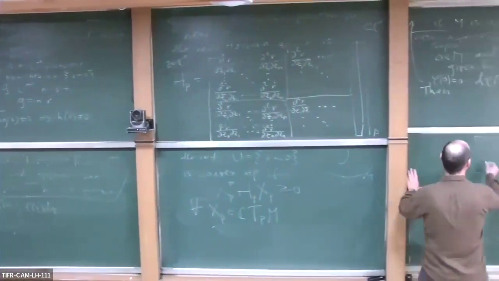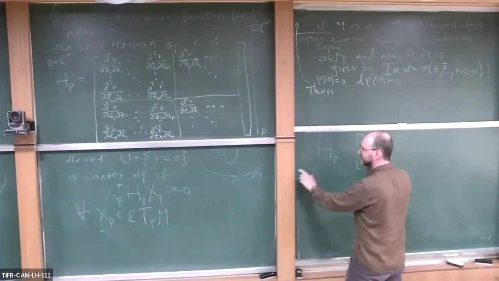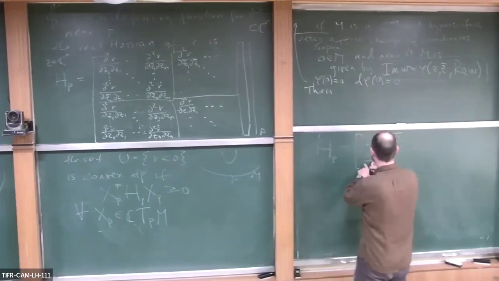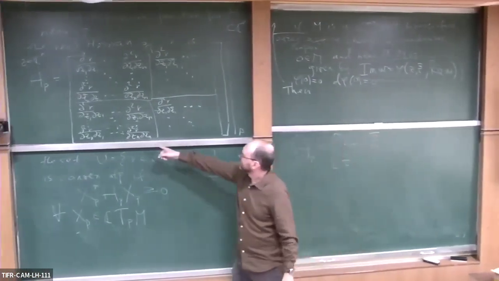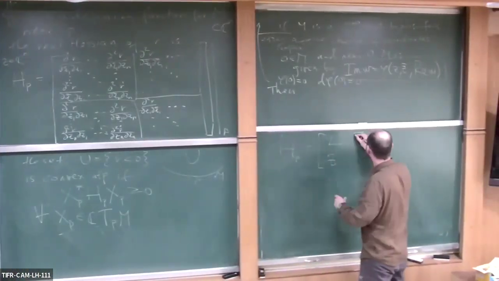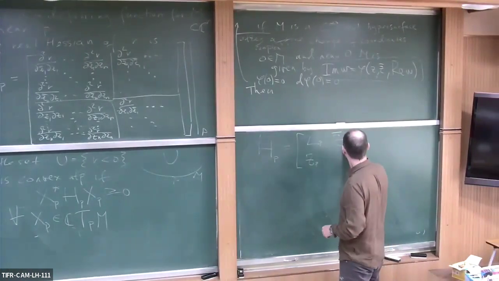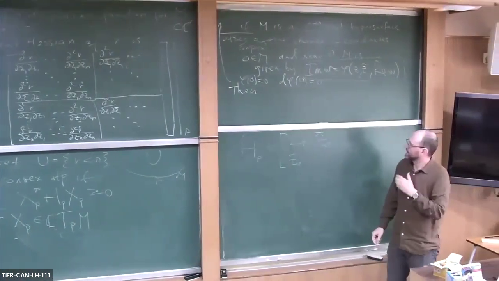Okay, so I'm going to call this L. I'm going to call this Z. This is a capital Z, and that's the one I'm not really interested in. The matrix is evaluated at P, so I'm going to put P here.